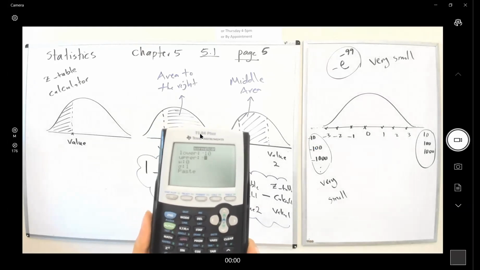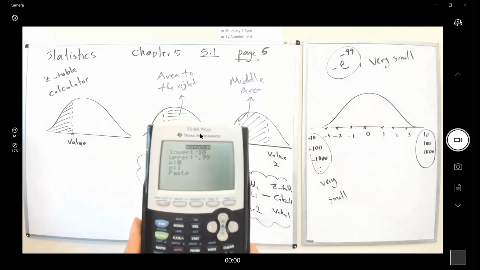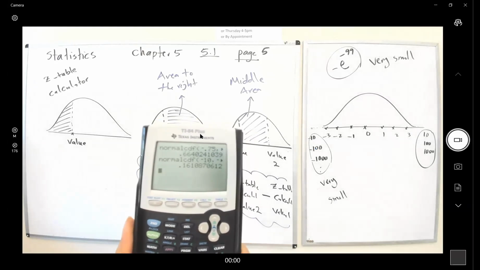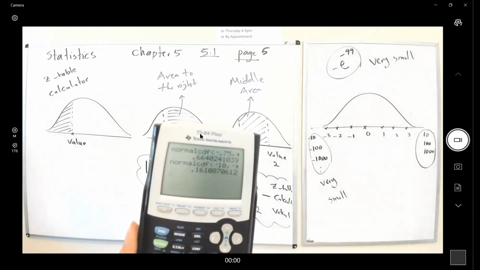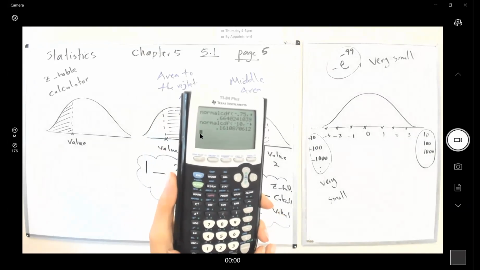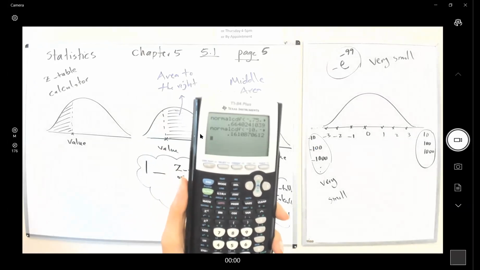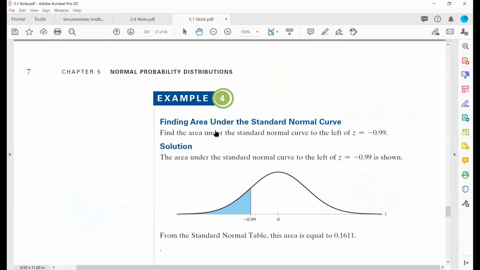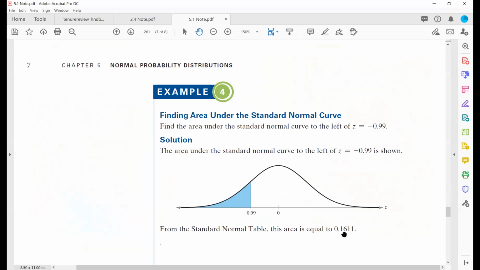I have negative 0.99. Enter, enter, enter. Almost 16%.